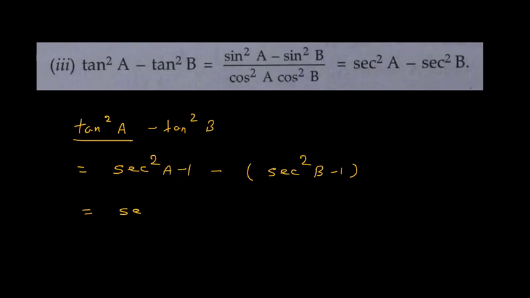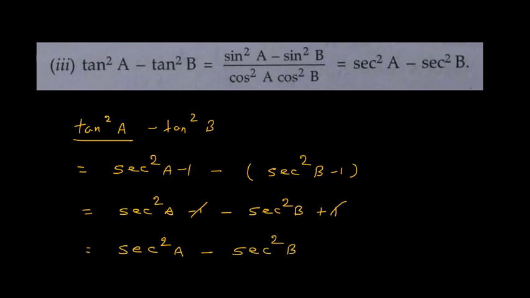So this is sec square A minus 1 minus sec square B, minus minus plus. So this minus 1 plus 1 will cancel, and we get sec square A minus sec square B. This is my equation number 1.